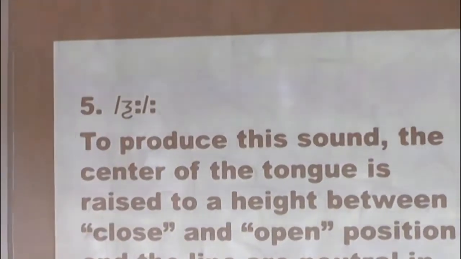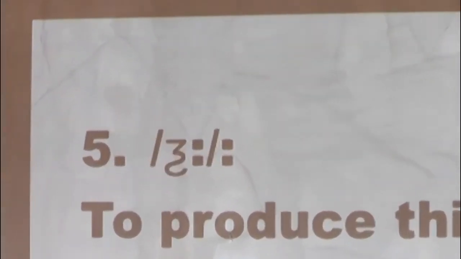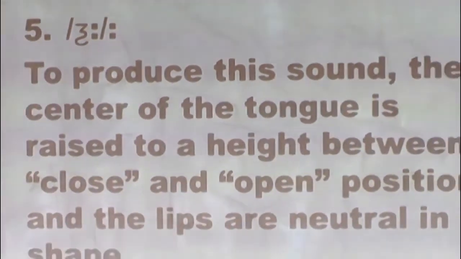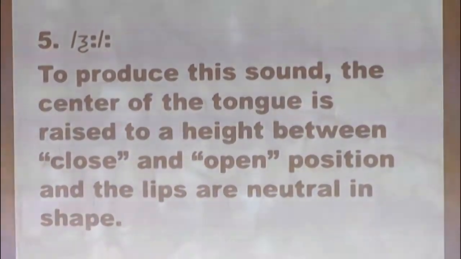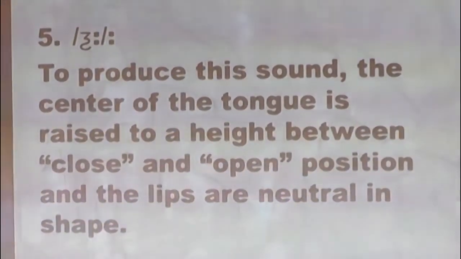Now, this is the last of the long vowels. To produce this very sound, the center of the tongue is raised to a position between closed and open, and the lips are in the natural shape. Look at me.